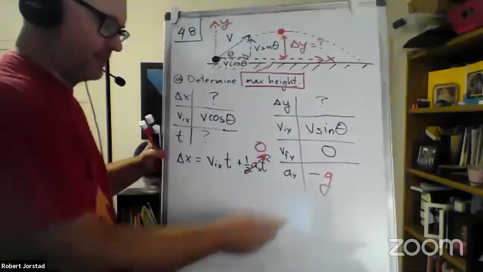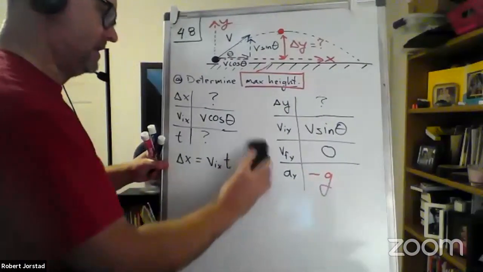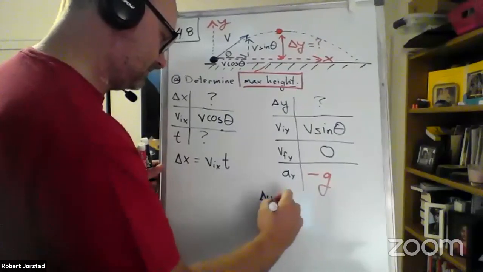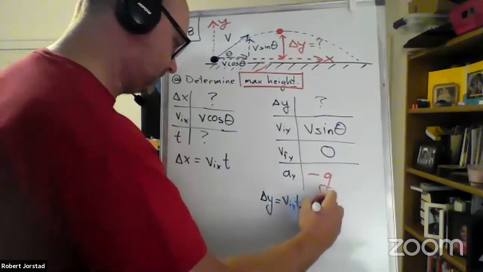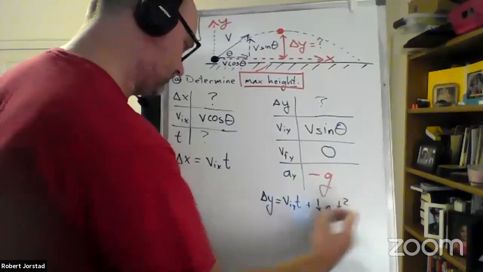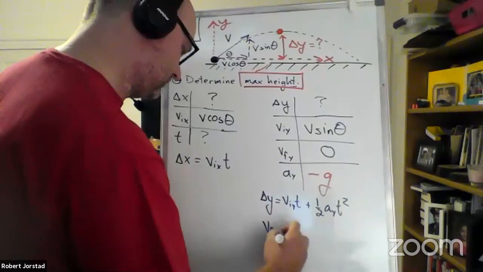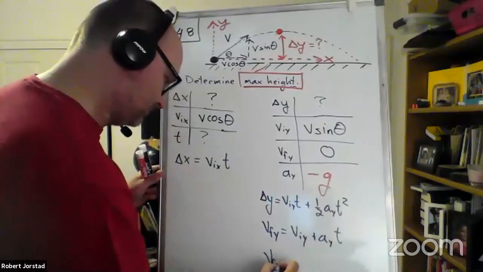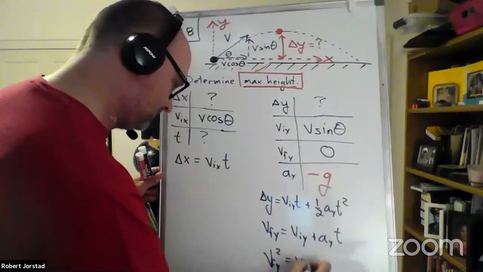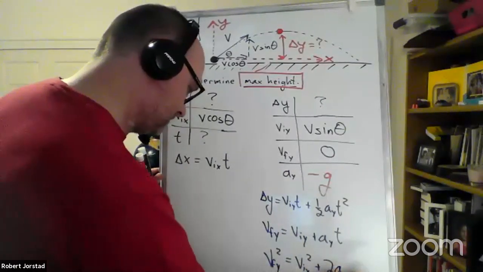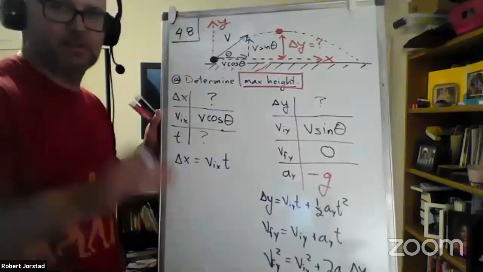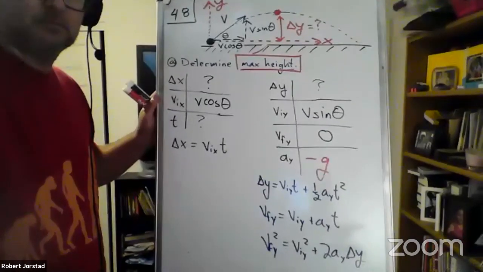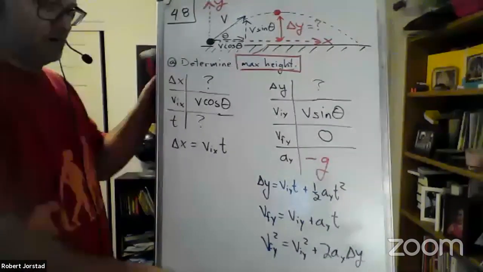So now, how about over here on the y direction? So I'm going to get rid of this. So there's our x equation. When I do this, close enough.